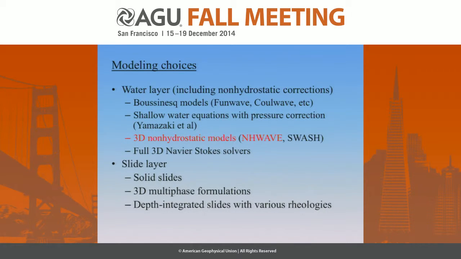And so what we're trying to do now is back up a little bit from that and treat the water column with that dispersive type of model, but go back to having essentially a well-identified depth-integrated slide moving on the bottom, either subaerially or underneath the water column. And that's what I'm going to concentrate on here today.